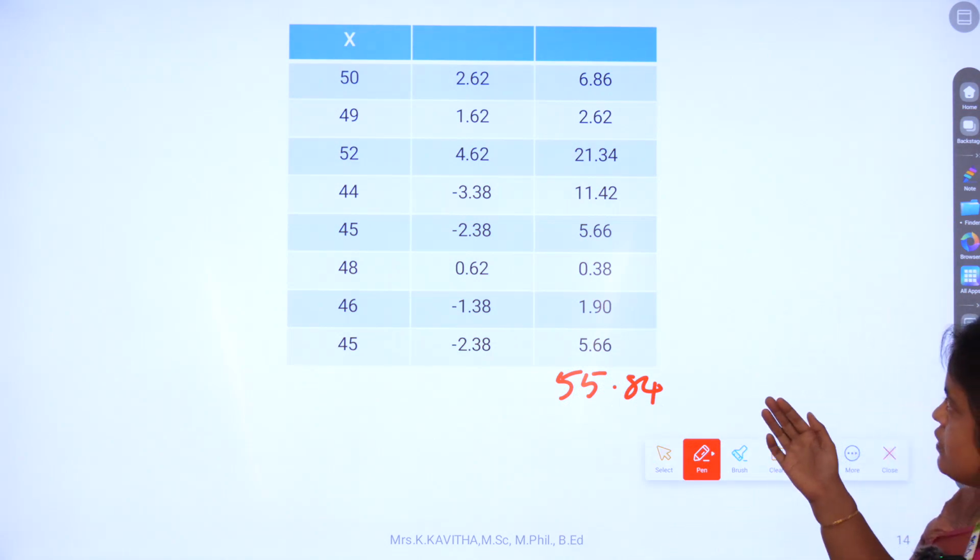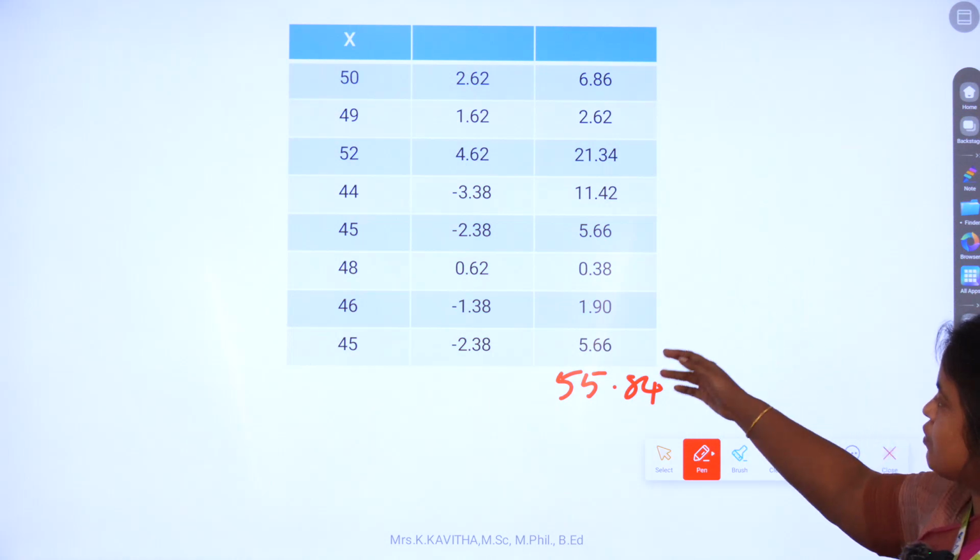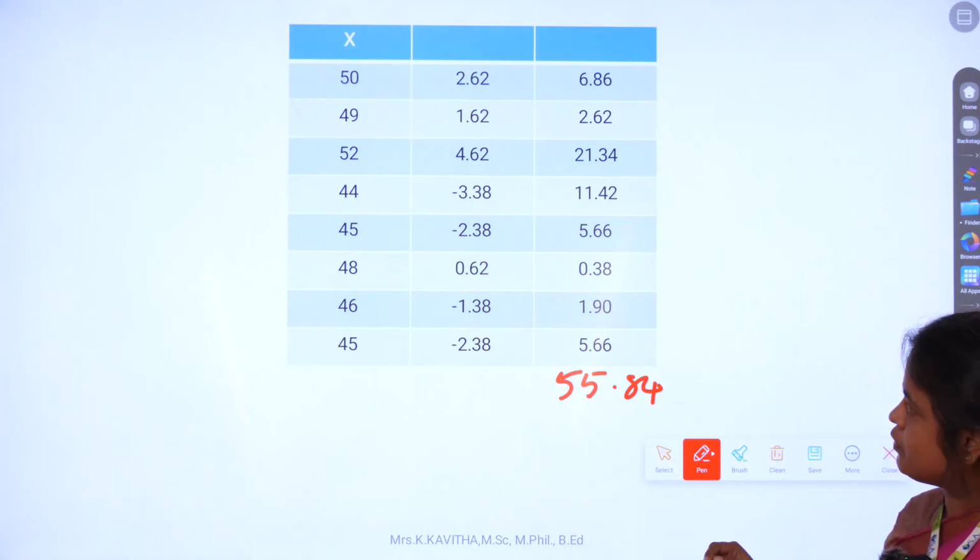The summation of x minus x bar the whole square is 55.84.